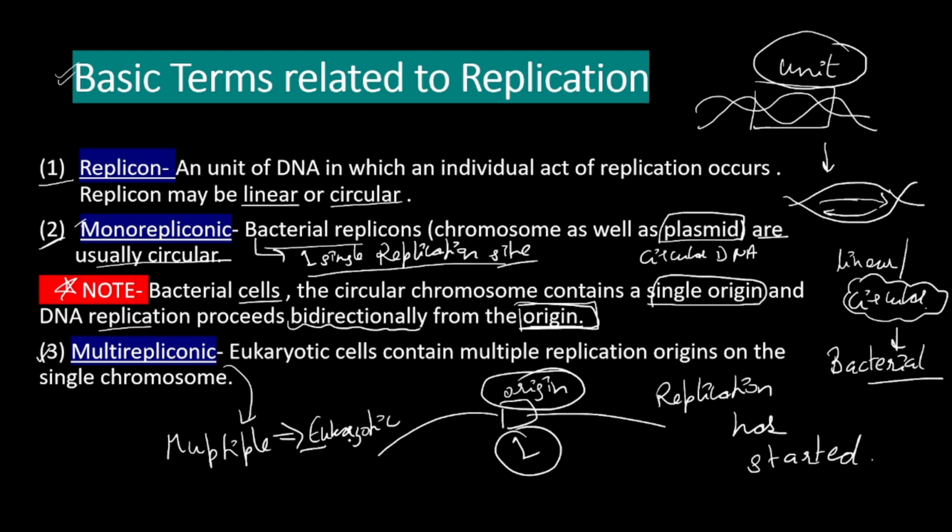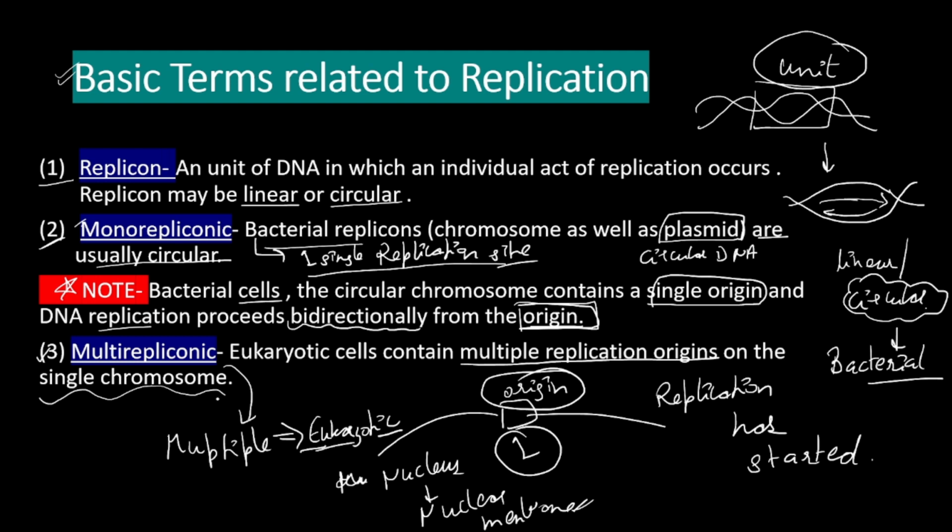What are eukaryotic organisms? Those in which the nucleus is bound by a nuclear membrane very intactly. Eukaryotic cells contain multiple replication origins on a single chromosome. So in a single chromosome there are multiple replication sites. This is known as multirepliconic.